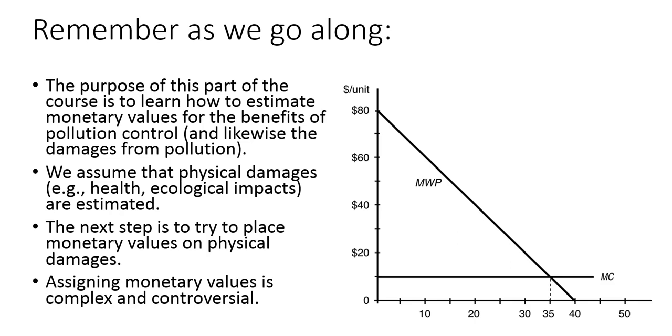And we'll talk about this along the way, but assigning monetary values to the environment is a complex process, and it's also controversial. So keep that in the back of your mind as we talk about these concepts of environmental value and these methods.